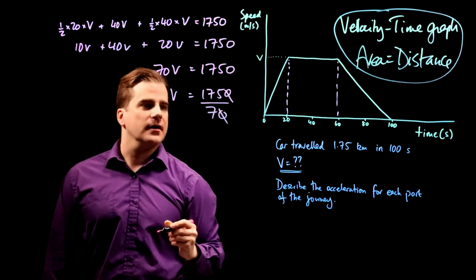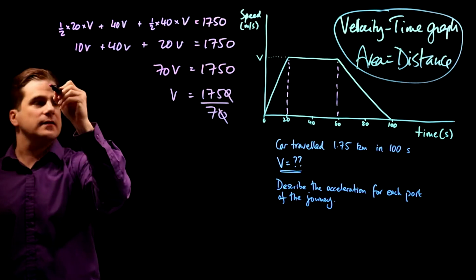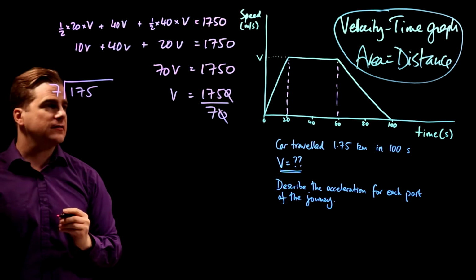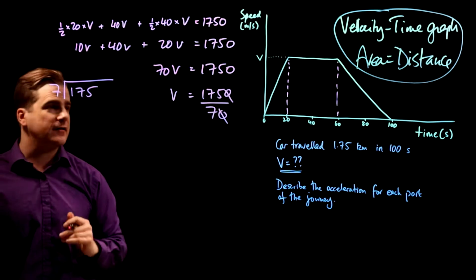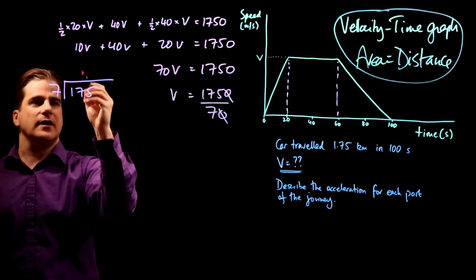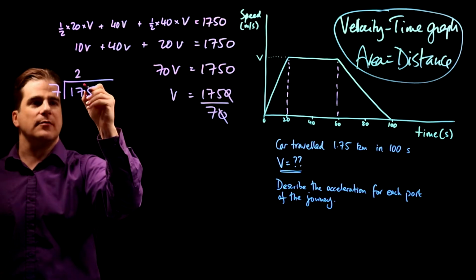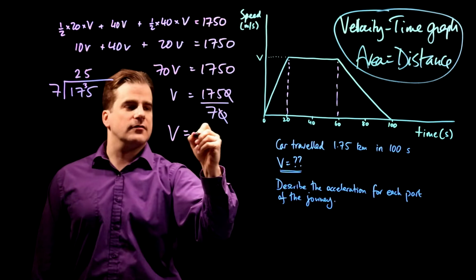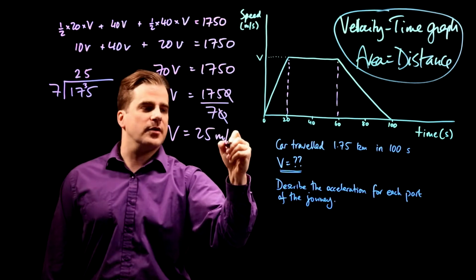Cancel the zeros. 7 into 175. This is non-calc, so this is what you have to do, unless you do it in your head. That's brilliant. 7 into 17 goes twice, 14 remainder 3. 7 into 35 goes 5. So v is 25 meters per second.